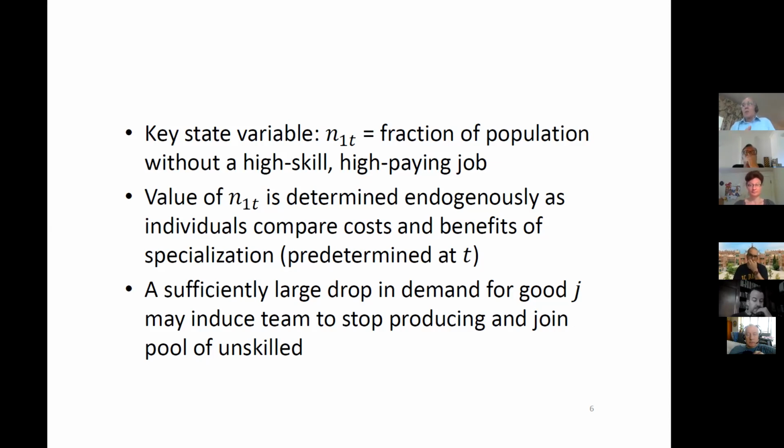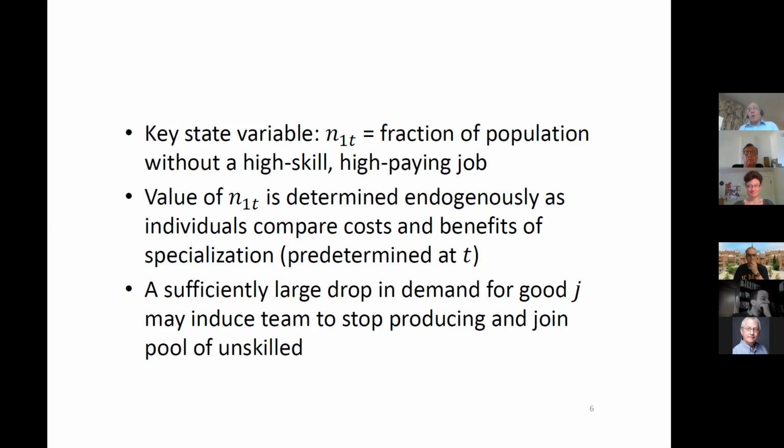That's where all the firepower in the paper is organized and calculate exactly what that's going to be. It's an outcome of people evaluating the costs and benefits of becoming specialized, but it's predetermined at date T because you have to go through a period of training and experimentation to see if you can acquire that skill next period.